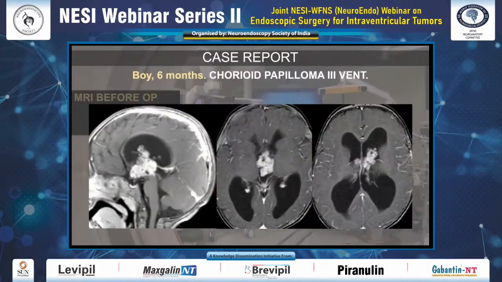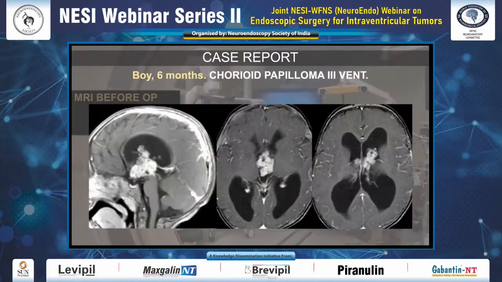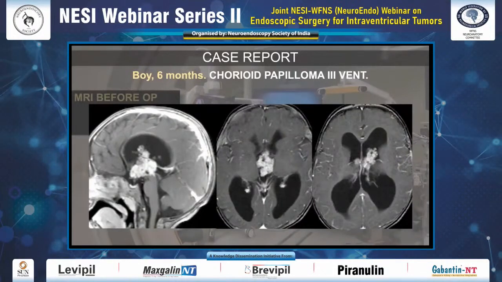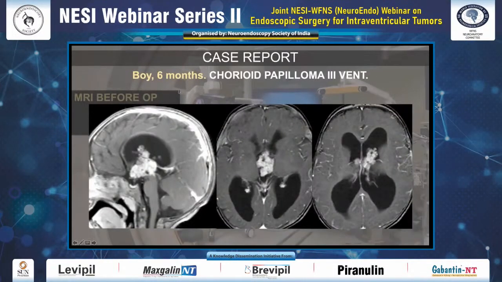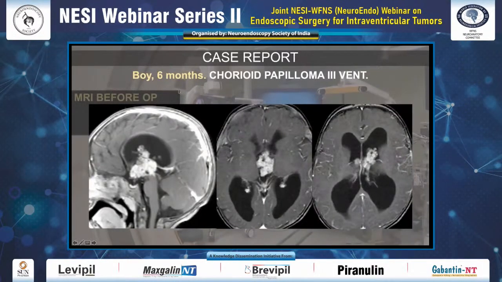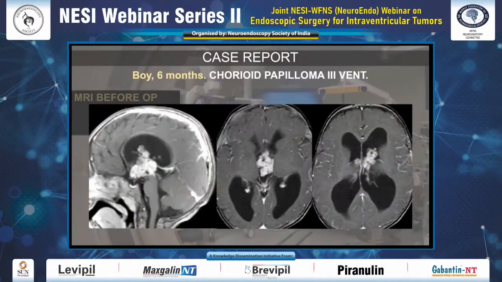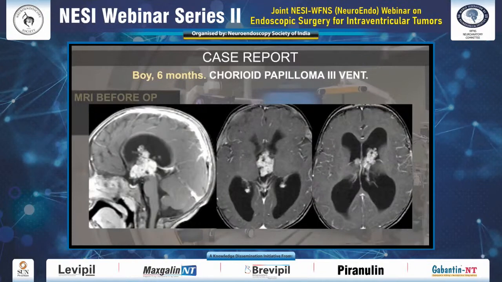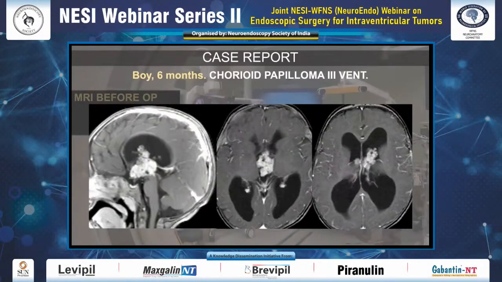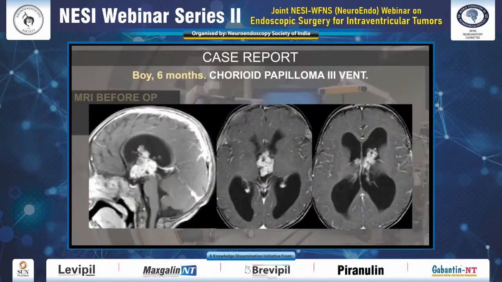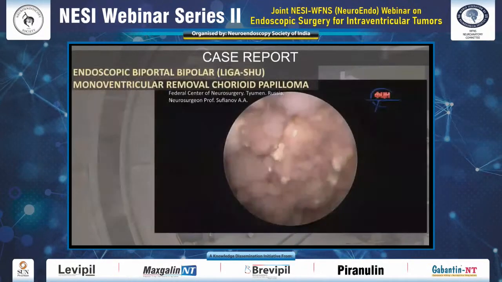But when I decided about operation in this case, creating a big craniotomy, even a big craniotomy in this small baby, is a big problem. So I decided to operate on this patient by minimally invasive surgery, by a biventricular biportal pure endoscopic approach.